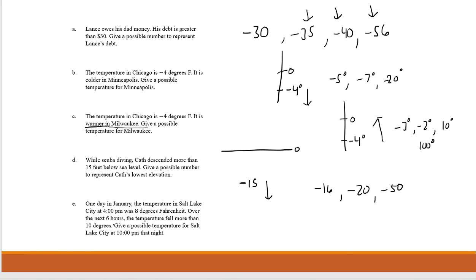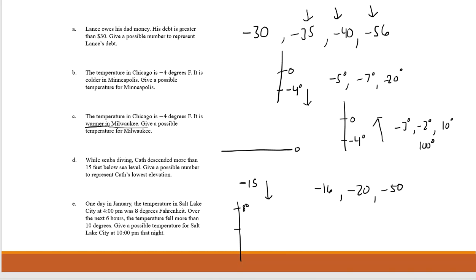And then the last one: one day in January, the temperature in Salt Lake City at 4 p.m. was 8 degrees Fahrenheit. Over the next 6 hours, the temperature fell more than 10 degrees. Give a possible temperature for Salt Lake City at 10 p.m. that night. So if this is our thermometer, and we start at 8 degrees Fahrenheit, and then over the next 6 hours, the temperature fell more than 10 degrees.